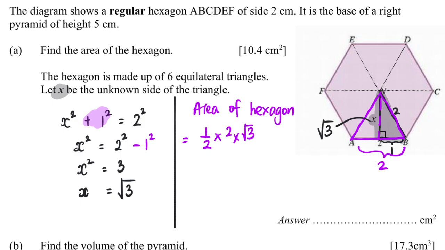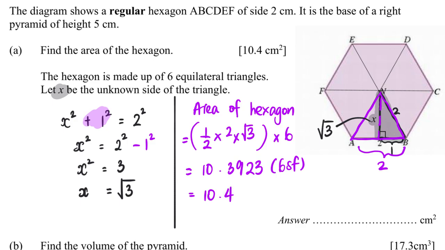This is for one triangle. How many triangles are there? Yes, I have 6 of them. And that will give me a value of 10.3923 to 6 significant figures, followed by 10.4 cm square to 3 significant figures. Alright, so that's for part A.